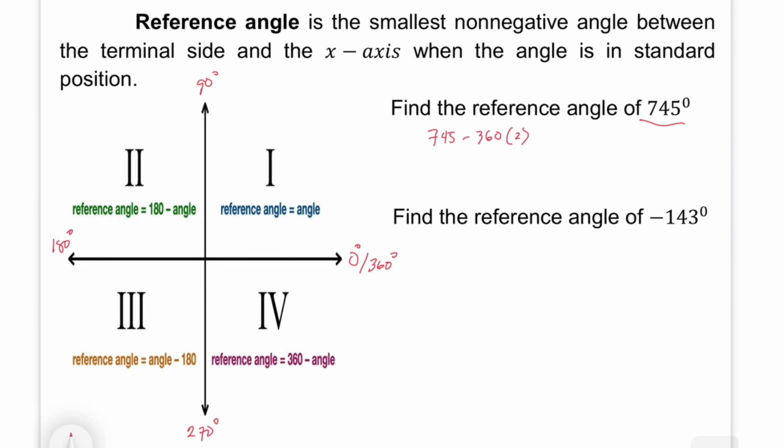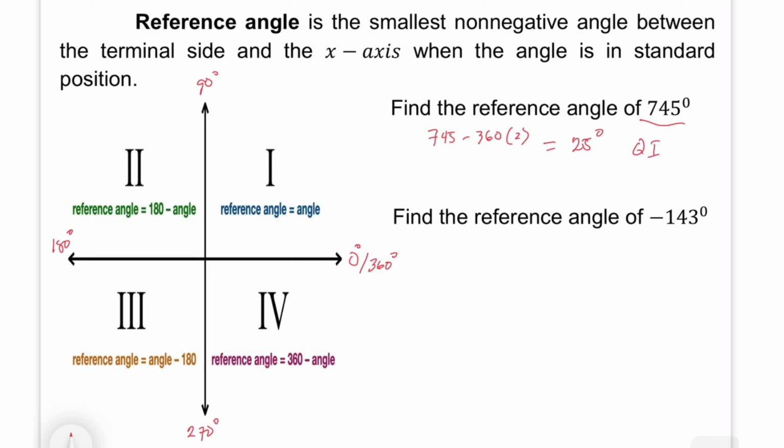Kasi kailangan natin ng dalawang revolution para sumakto yung sagot natin. Kasi kung 1 revolution lang yan, sobra pa sa 360. So, 745 minus 360 times 2, magkakaroon tayong sagot dito na 25 degrees. So, ang 25 degrees ay kabilang sa quadrant 1. Ang sabi dun sa quadrant 1, reference angle is equal to the angle. So, therefore, ang reference angle ng 745 is 25.